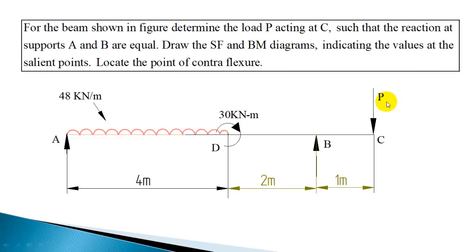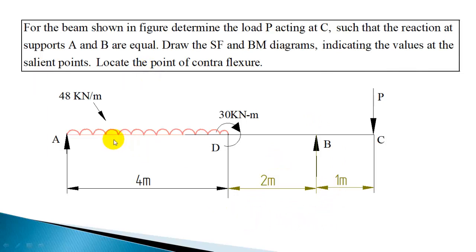Now we have to find the load P such that it produces equal reactions at the supports A and B. So RA and RB are the reactions, but it's given that RA is equal to RB. For such equal reactions you have to find the load P, then draw the shear force and bending moment diagram and locate the point of contraflexure.